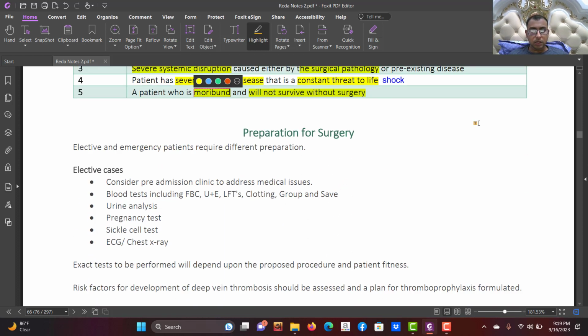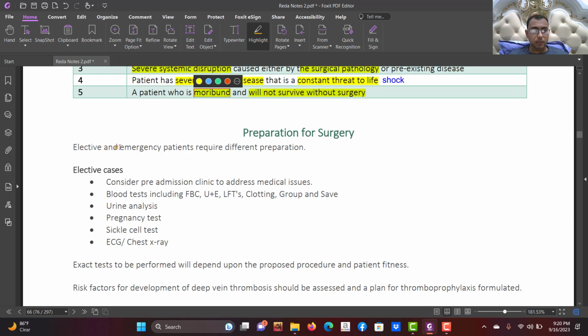Now, what are the activities we need to perform before surgery, that is the preparation for surgery. It may differ between patients. Some patients are elective, that is normal patients who know their disease process and what their problem is, so they come to the hospital and are admitted under a consultant, and the consultant plans an elective surgery.